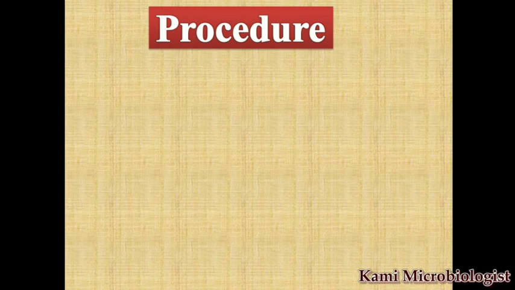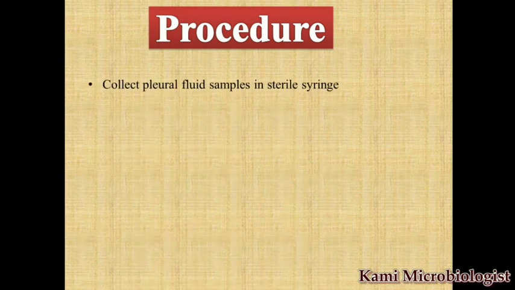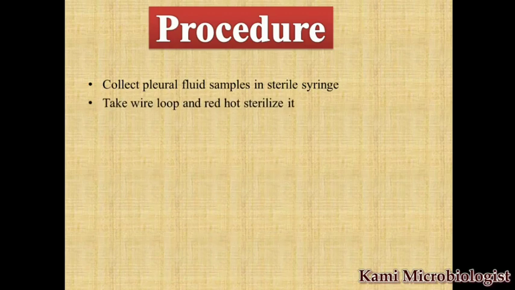Now let's see the procedure, how to perform the test. First of all, what will you do? You have to collect the pleural fluid sample in a sterile syringe, as we talked about. Then you take the loop and red hot it, meaning sterilize it using the spirit lamp. Then you let the wire loop cool.